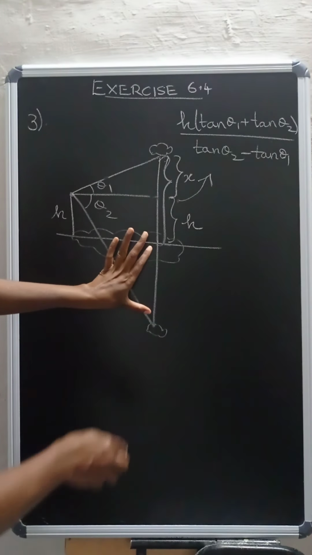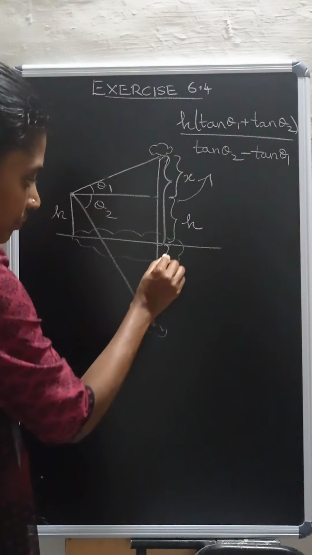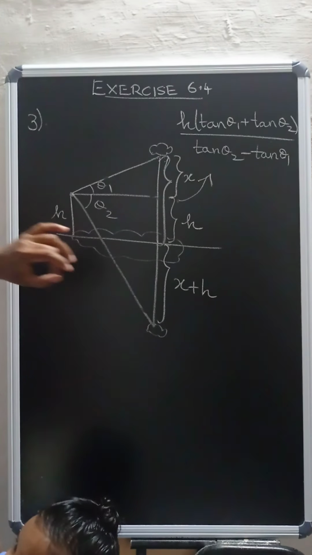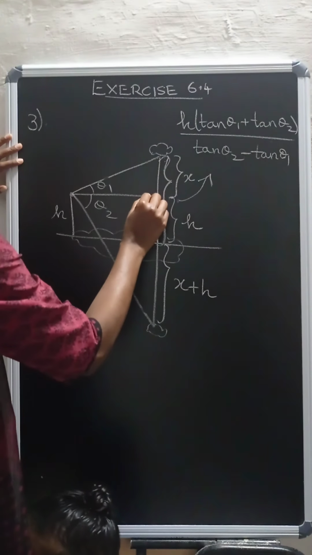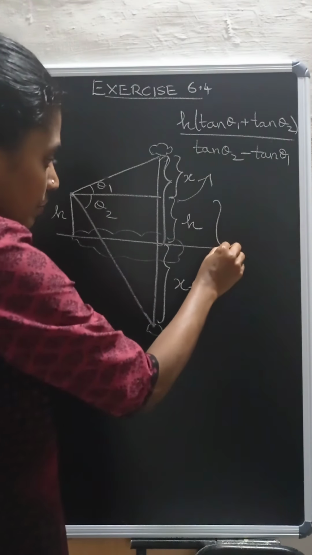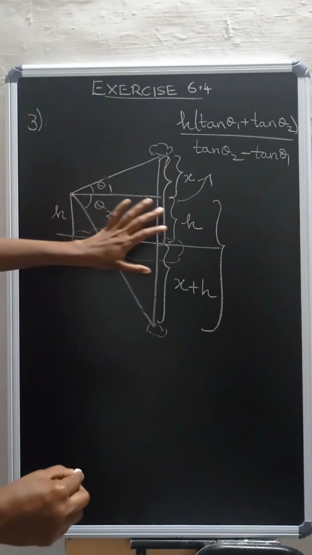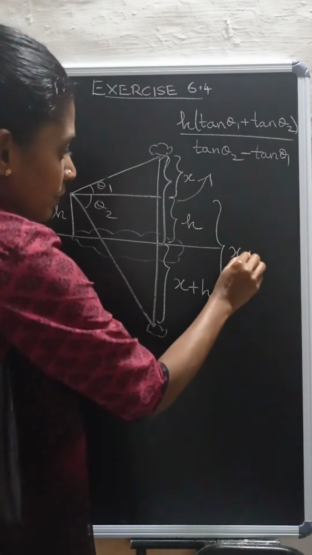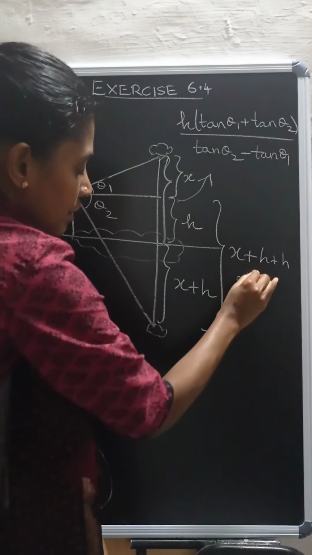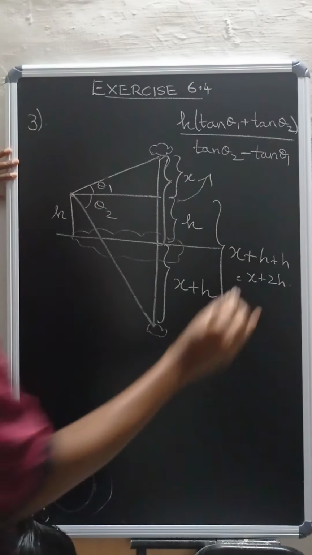So what will be the distance of this part? This will be x plus h, right? Now what will be the distance of this fully? It will be x plus h plus h, so that is nothing but x plus 2h.